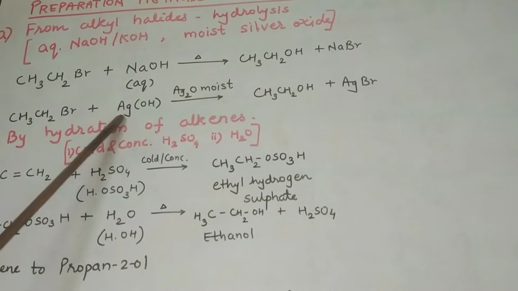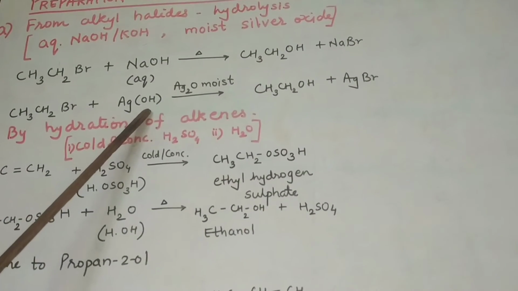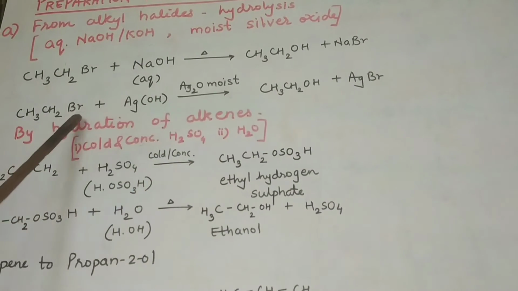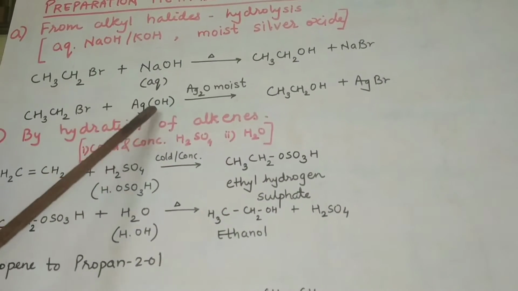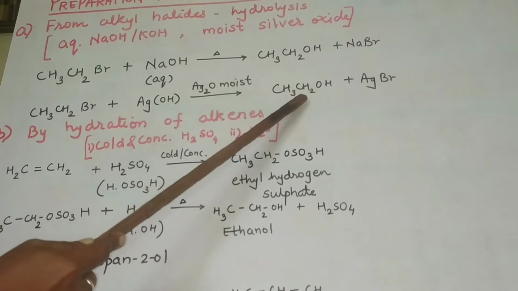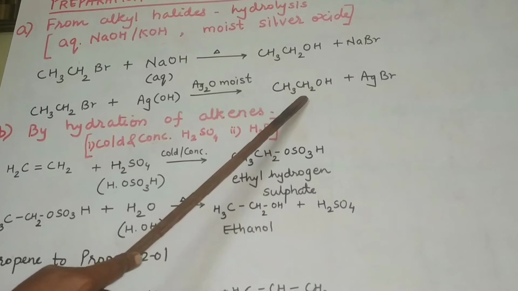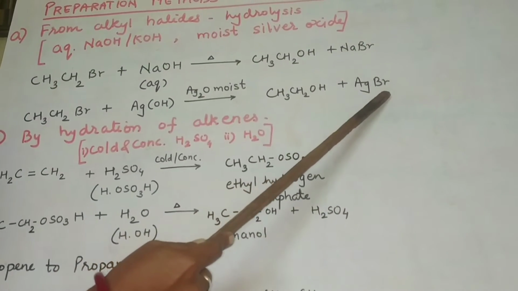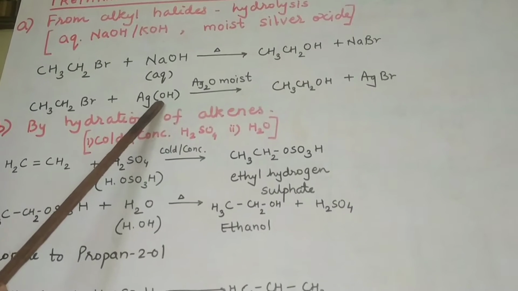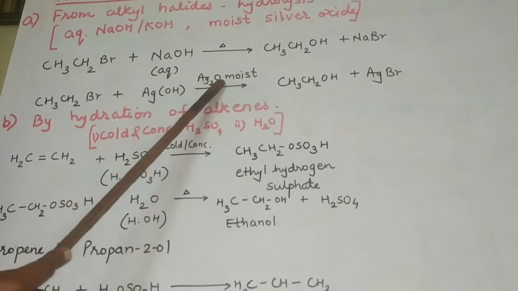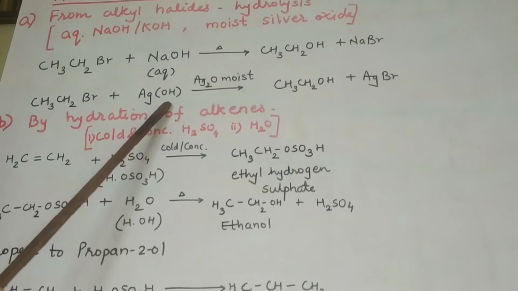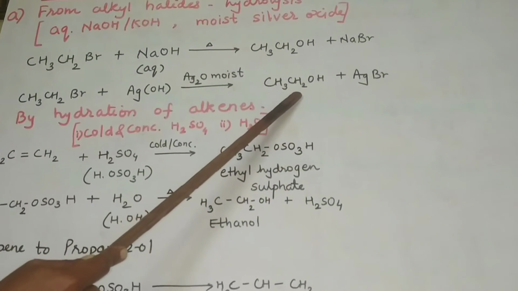You get silver hydroxide during the reaction. And in the product, again Br gets replaced by the hydroxyl group, OH, and you get formation of ethanol along with AgBr. See, this is important. Here you cannot write Ag2O. This should come on the arrow and this produces silver hydroxide to form an alcohol.